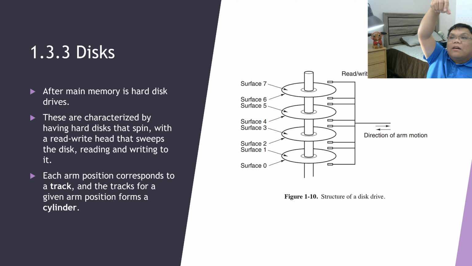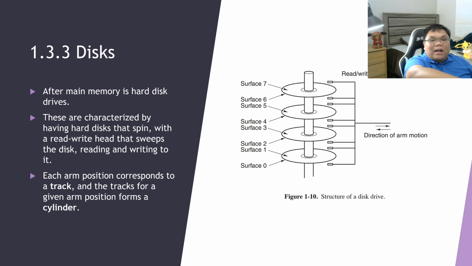So we have one or maybe multiple platters that are all spinning on a spindle, and then you have one or several read-write heads that move across the spinning surface. And this arm is reading stuff from the disk itself. Each arm position, so there are different places that the arm can go to, those are called tracks. And the tracks for a given arm position form a cylinder.